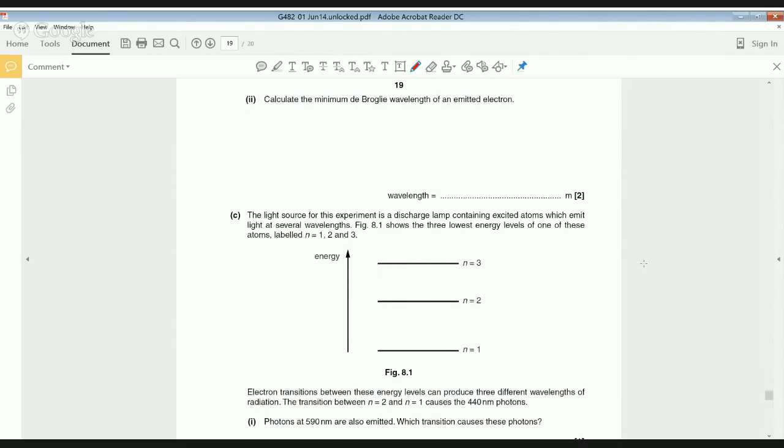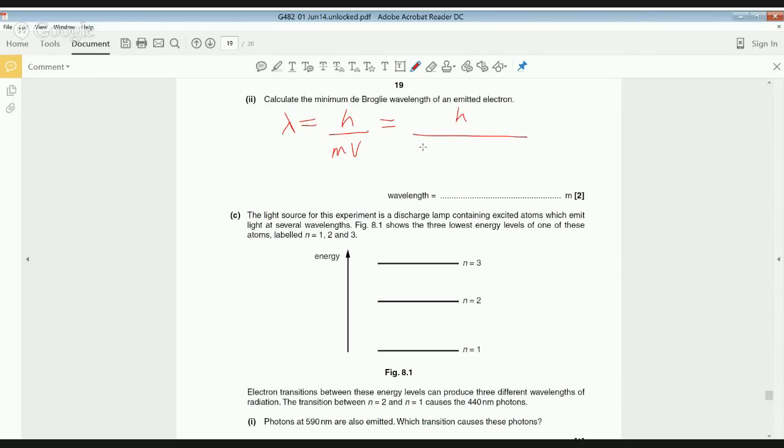Part 2, calculate the minimum de Broglie wavelength of an emitted electron. The equation for a de Broglie wavelength, again on your formula sheet, lambda equals h divided by mv. So the Planck constant divided by momentum. We know the Planck constant, 6.63 times 10 to the minus 34.